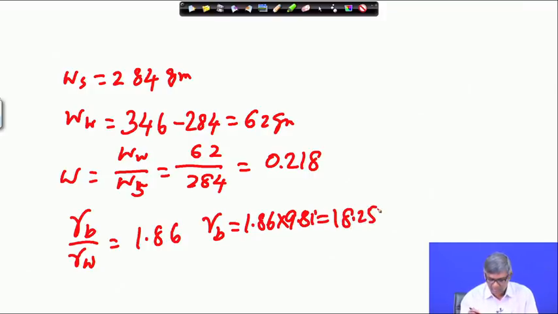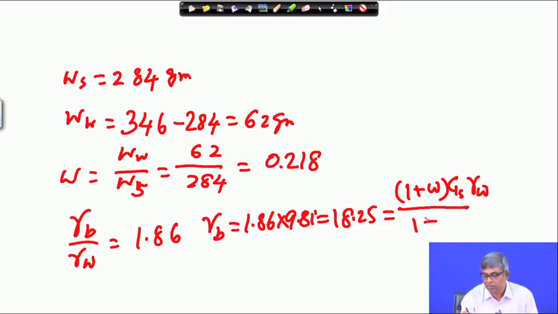And we know the expression for gamma bulk in terms of water content, (1 plus W) into Gs into gamma W divided by (1 plus E), and this value is given as 18.25.